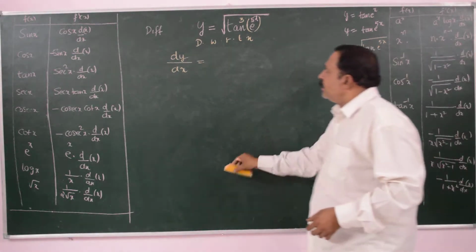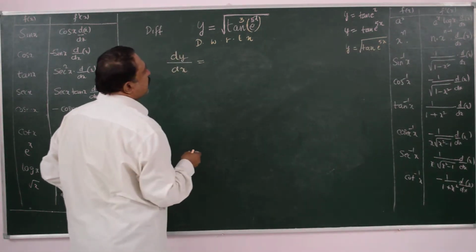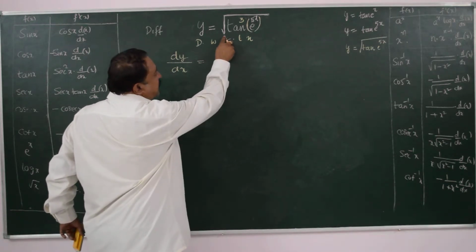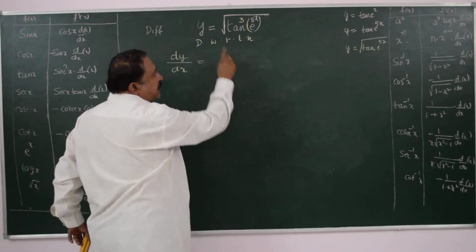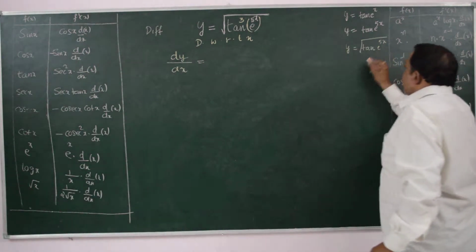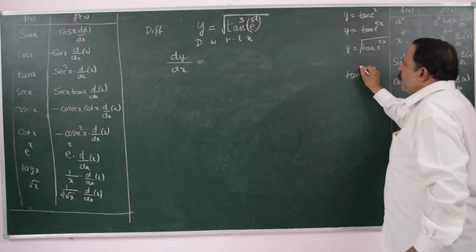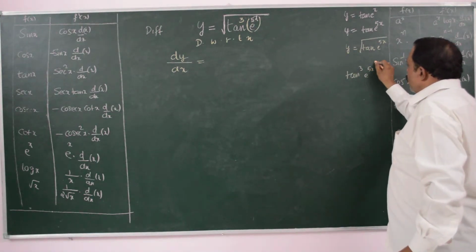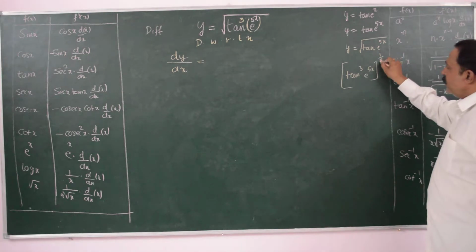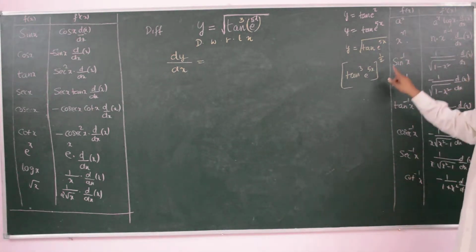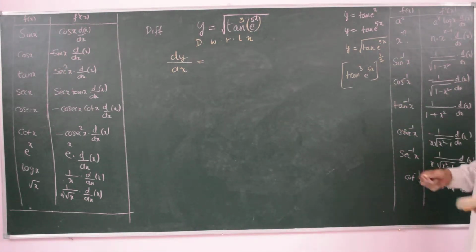Now dy by dx. Why I said first preference to root function: see, root of tan cube e to the power of 5x, root means it is nothing but to the power of half. So first we will do from this, isn't it?